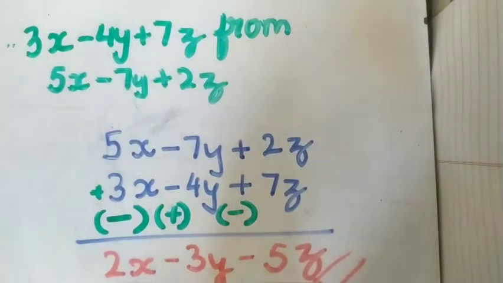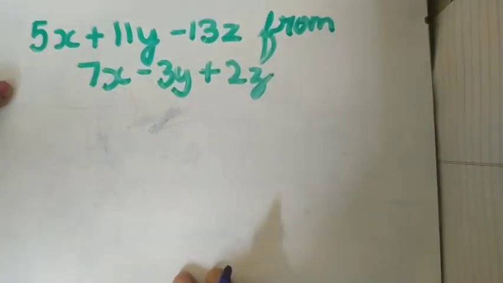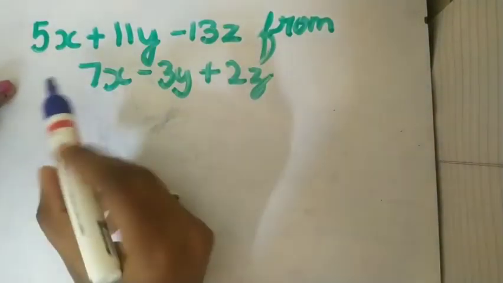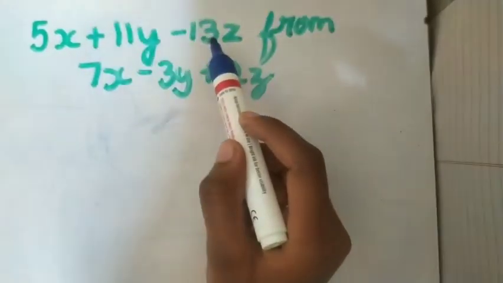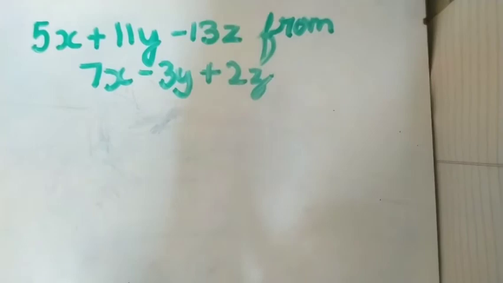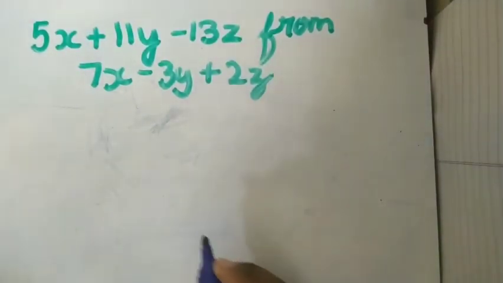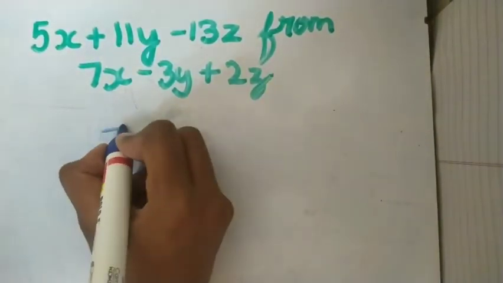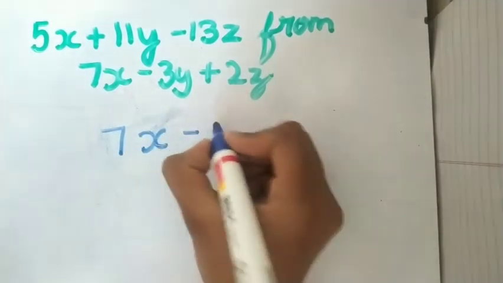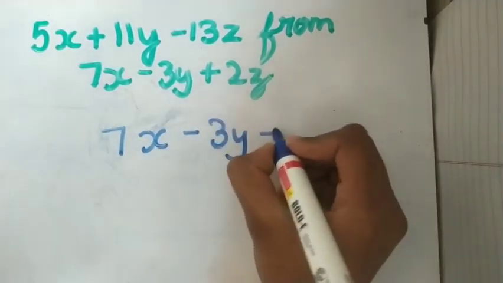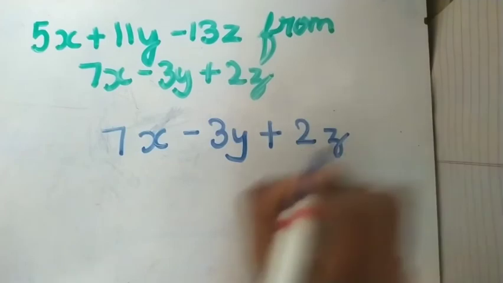So let's go to the last sum. So guys, this is the last question of this video. That is 5x plus 11y minus 13z from 7x minus 3y plus 2z. From means this is also again subtraction.